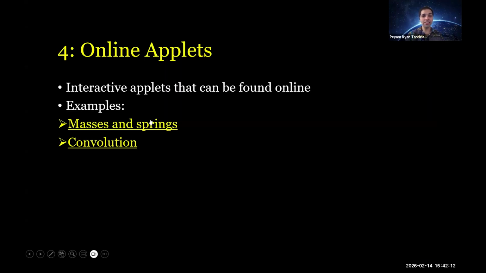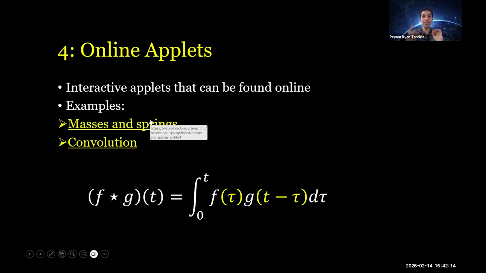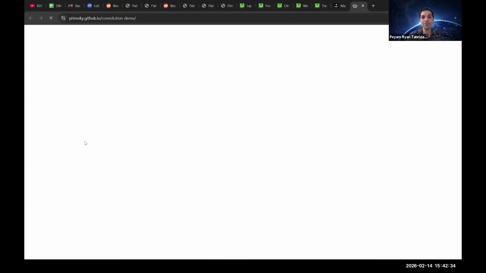So masses of springs, and then convolution, which confuses a lot of students. So convolution, again, integral from 0 to t of some function and then another function moving to the right, which again, I explain as a weighted average of two functions where one moves to the right.